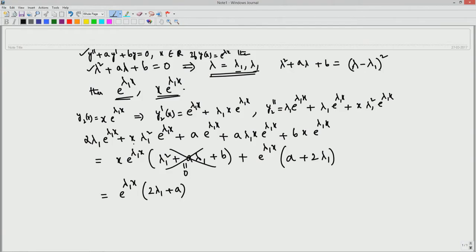Now if you put lambda equal to lambda 1, both left hand side and right hand side are 0. If you differentiate with respect to lambda, the derivative of lambda square plus a lambda plus b is 2 into lambda minus lambda 1.